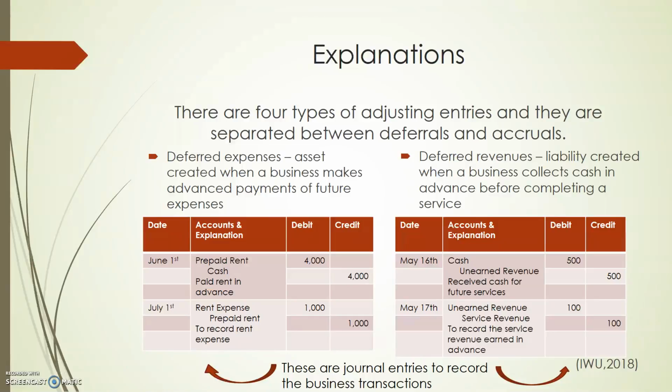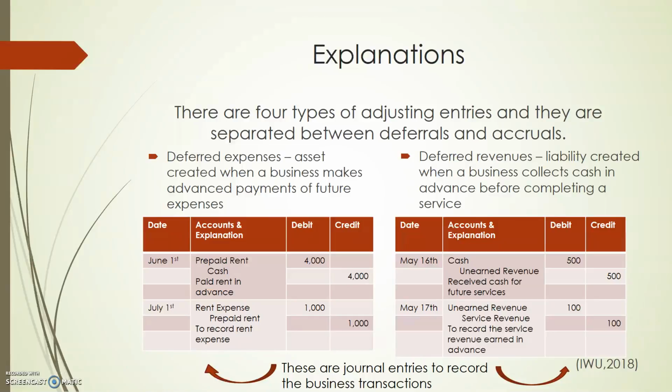I have here a chart that I have created to show how that would be shown in a journal entry. So let's say June 1st, a business pays $4,000 for rent.